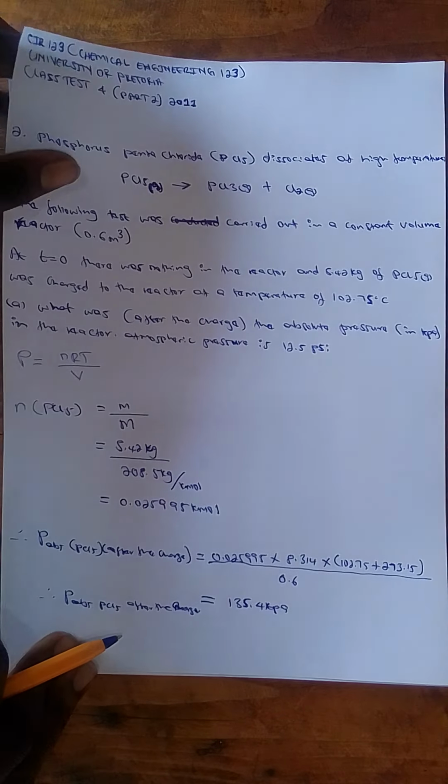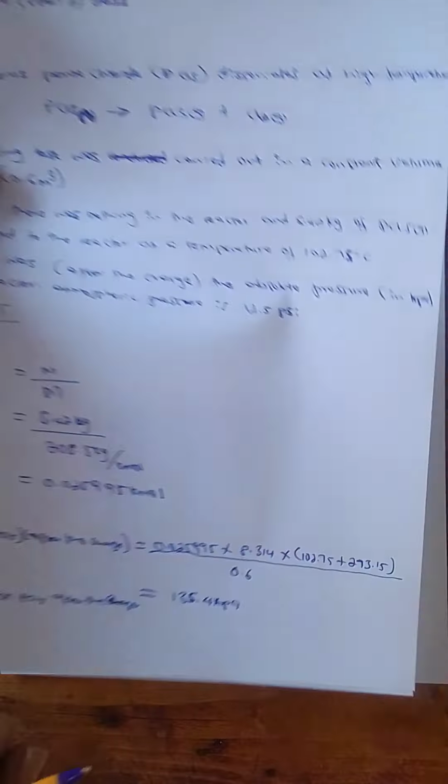So now we go to B. Now B says that the reactor was then slowly heated to 250.5 degrees Celsius and pressure rose to 29.2 psi gauge at T equals T1. Now here we see that there's now T1. Remember, initially it was just after the charge.